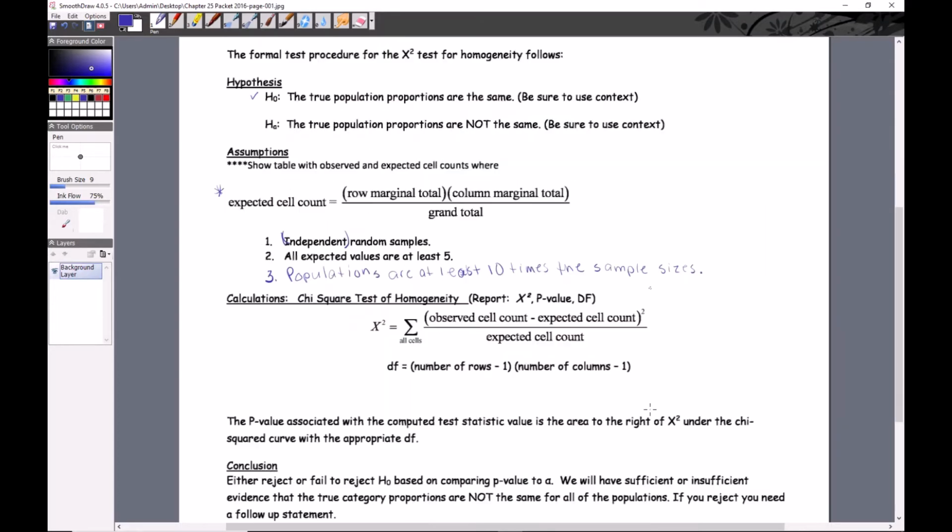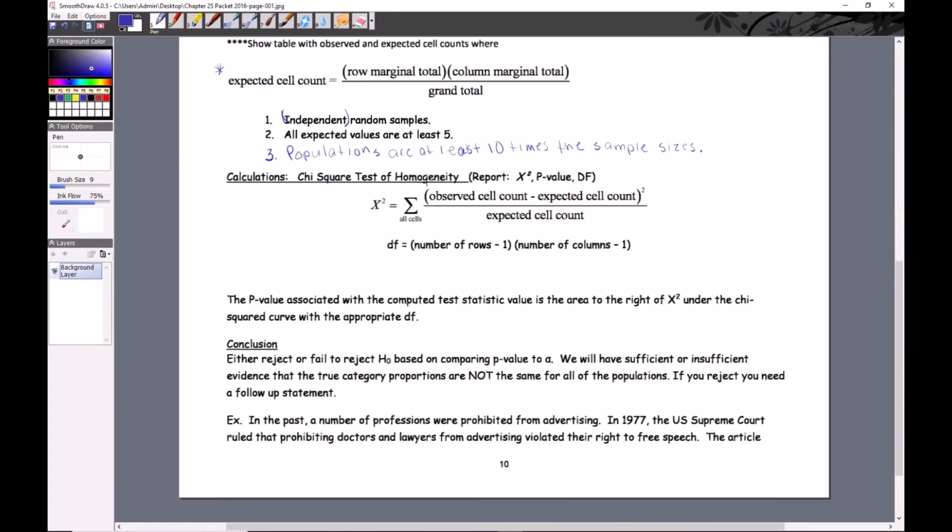For the chi-square test of homogeneity, we report the chi-square value, the p-value, and the degrees of freedom. The chi-square value comes from observed minus expected squared divided by expected. Every cell gets one of these, and they all add up to your chi-square number.